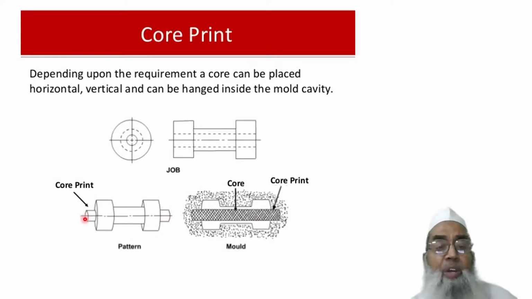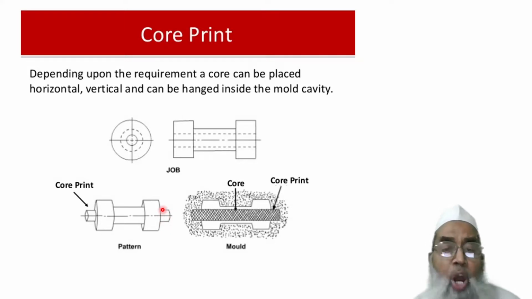These core prints are provided to give passage in the mold cavity, so that it can be used to install the core and give support to the core. If this is the mold and this is the cavity, after making this cavity the core is to be installed, and this core print has given this passage.